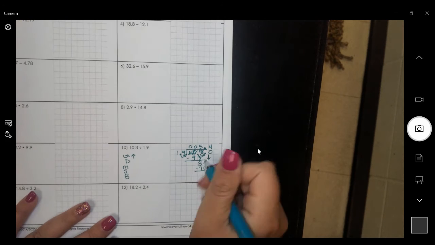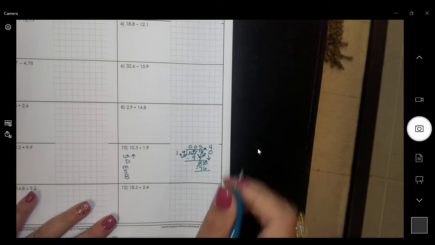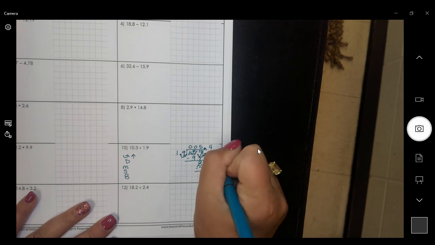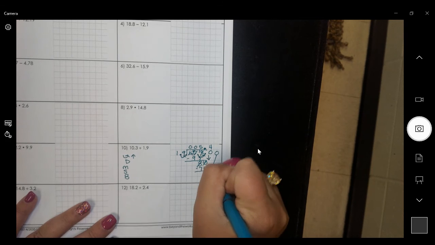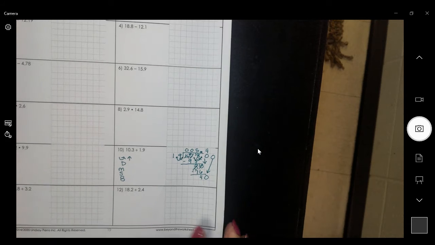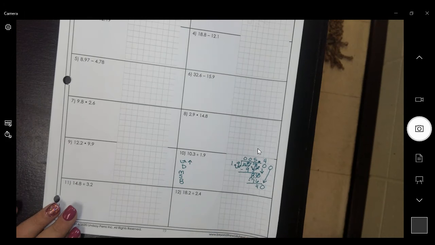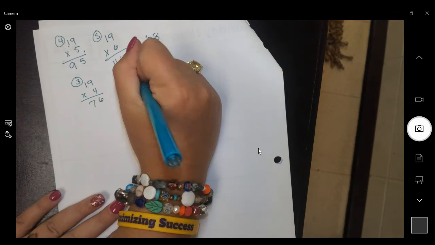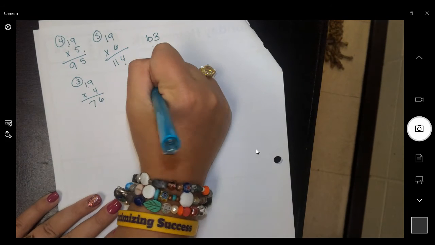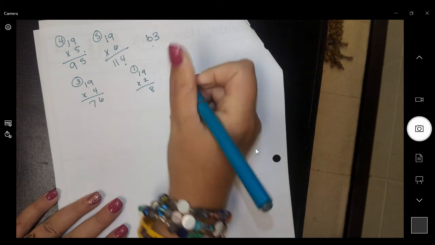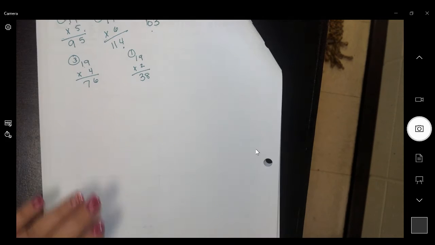Subtract again. 4. Bring down my 0. So now we're at 40. Like I said, 19 is close to 20, so I might try 2. So 19 times 2, 18. Carry the 1, 2, 3 gives me 38.